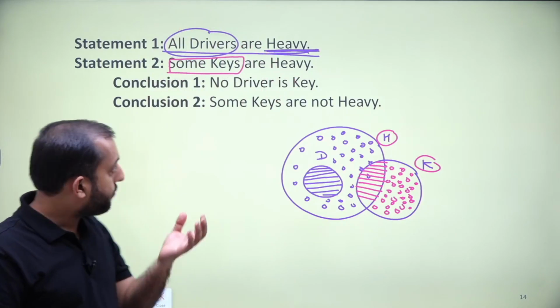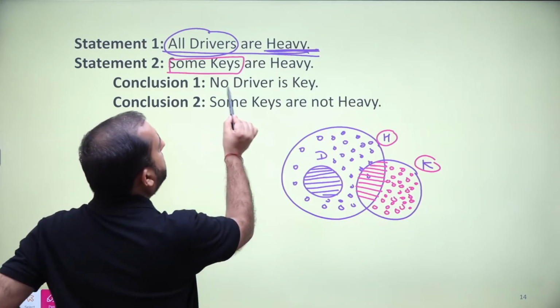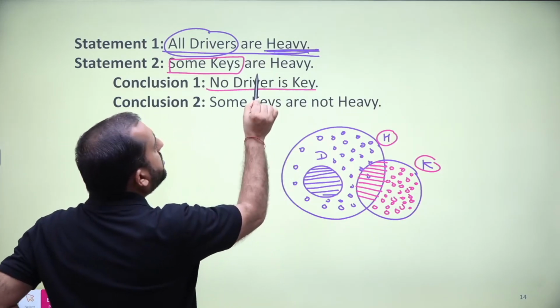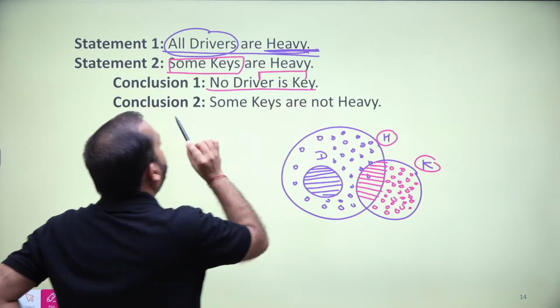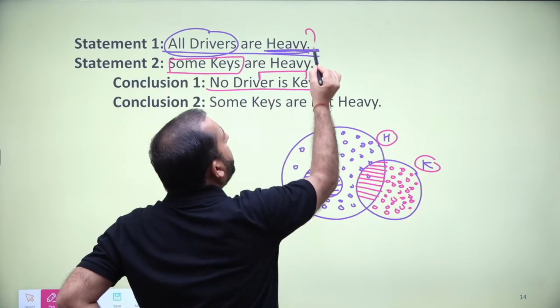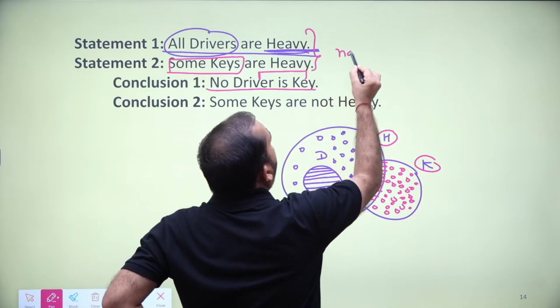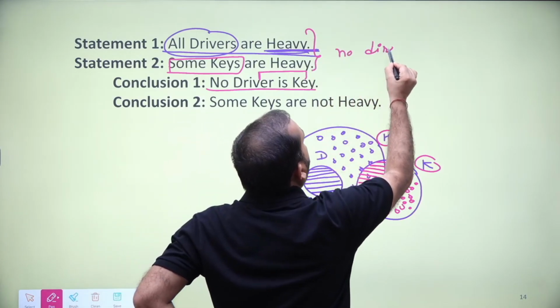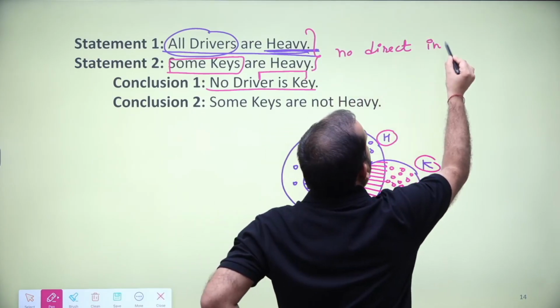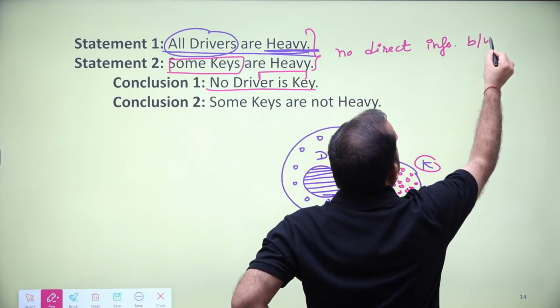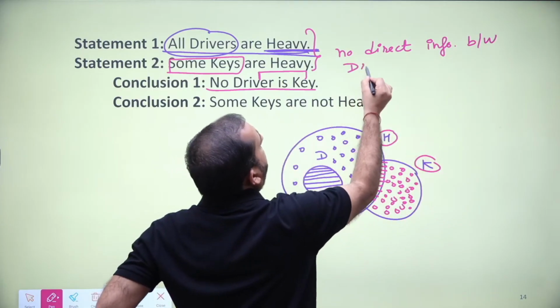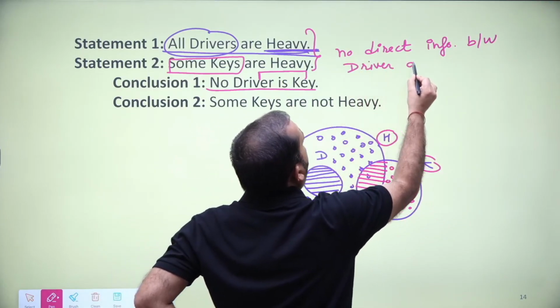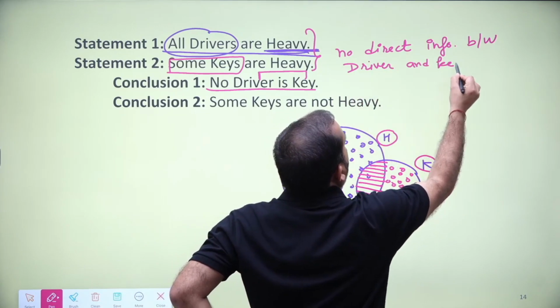Now, no driver is key. Now this conclusion is between driver and key, and if I pay attention to my given statement, I can see no direct information between driver and key is given.